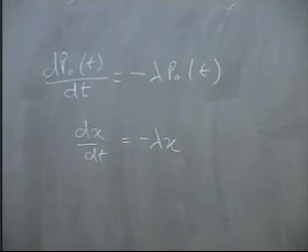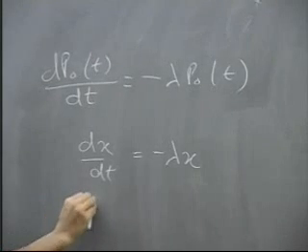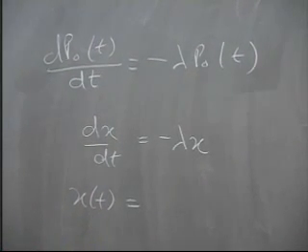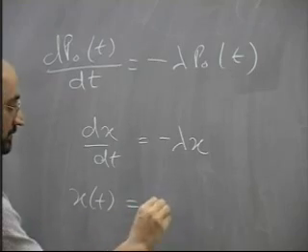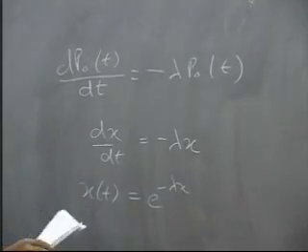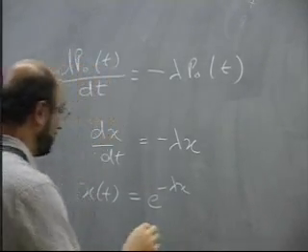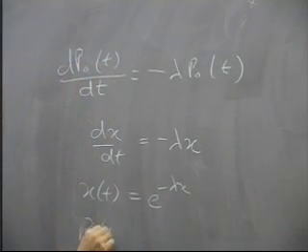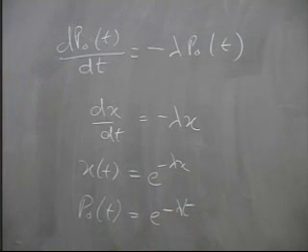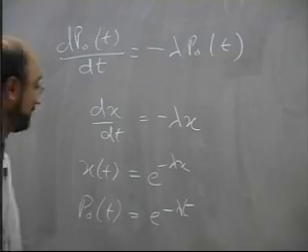So what is x(t)? e to the minus lambda t. In other words, p0(t) equals e to the minus lambda t.